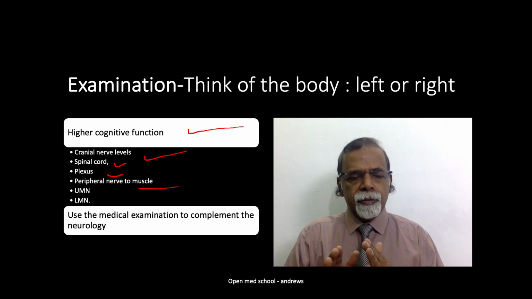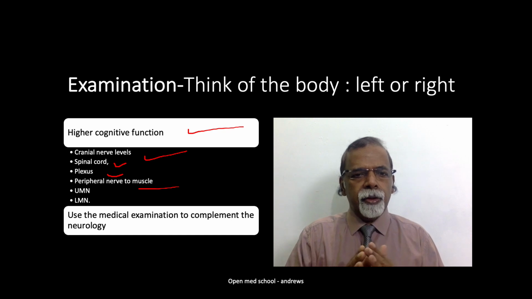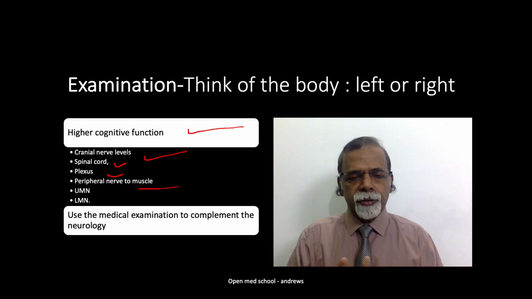Then you ask the question, is it human or element? And once you consider this, you use the medical examination to complement the neurology. That is the cardiac examination, abdominal examination, respiratory examination, rheumatological examination.